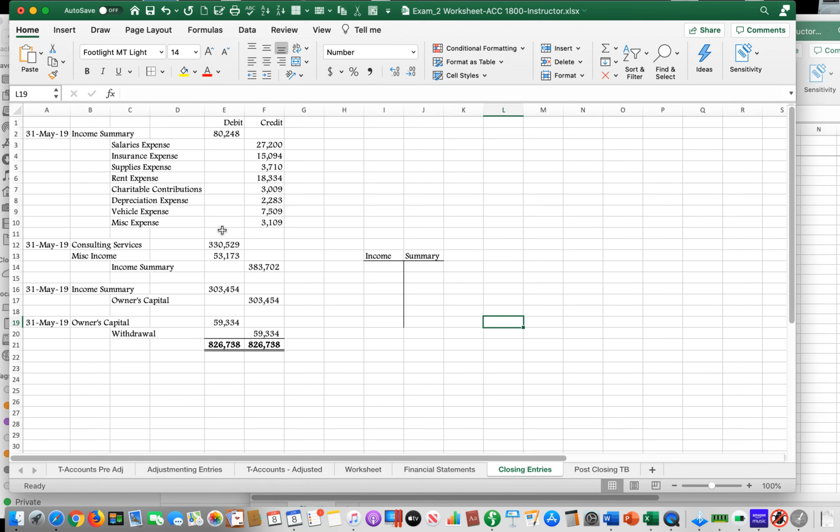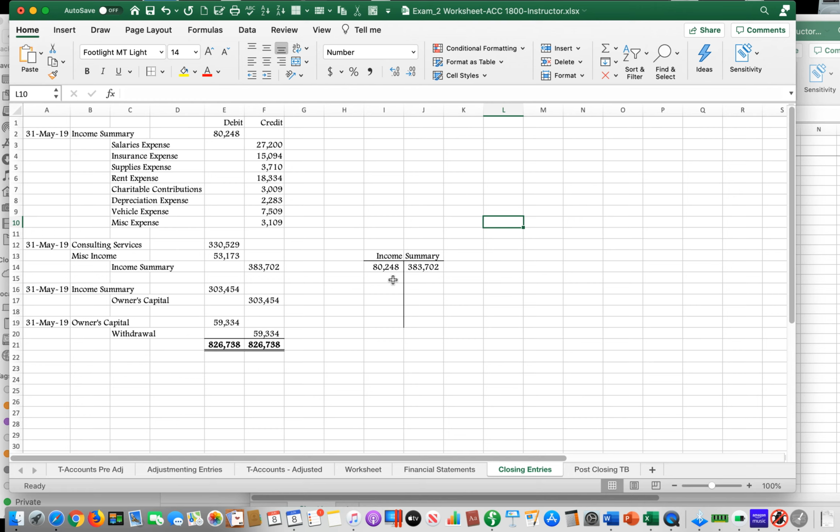So right now, we have a debit balance of $80,000. And here we have a credit balance of $380-something thousand. If you were to post these, which in the real world you would, this is what the income summary looks like.